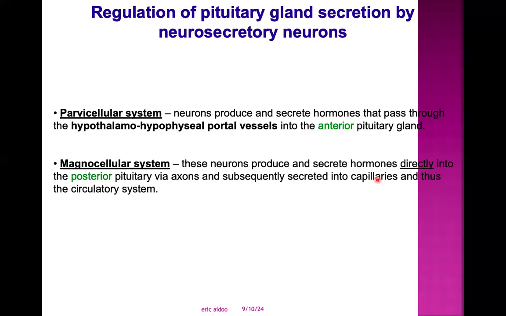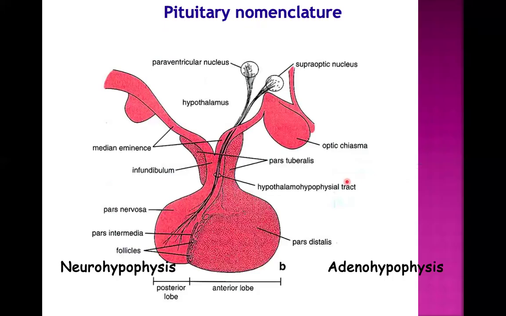You will see diagrams of this very soon. All right, so these nuclei that you see in the median eminence, or close to the hypothalamus, the paraventricular nucleus and supraoptic nuclei, are related to the magnocellular system, where we said that the neurons release the hormones directly into the posterior pituitary, as you can see.